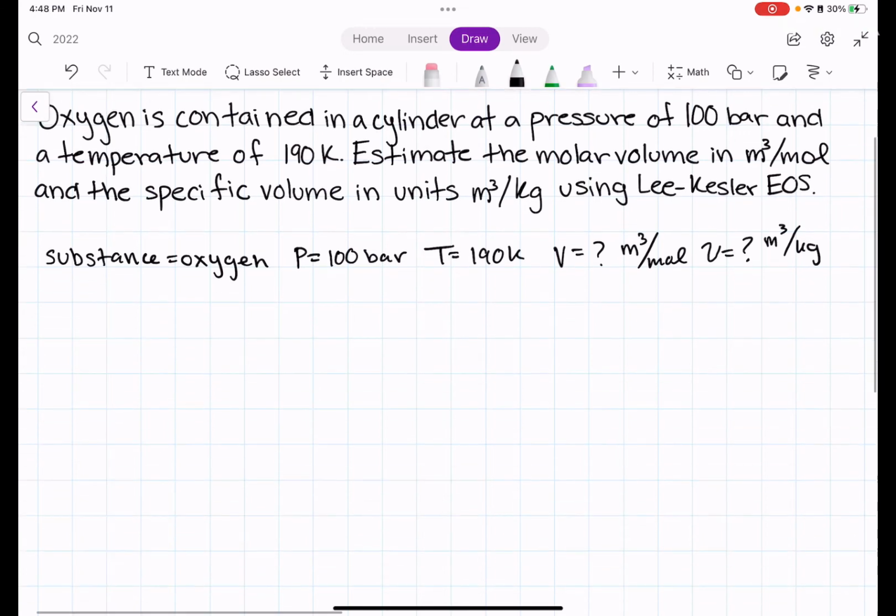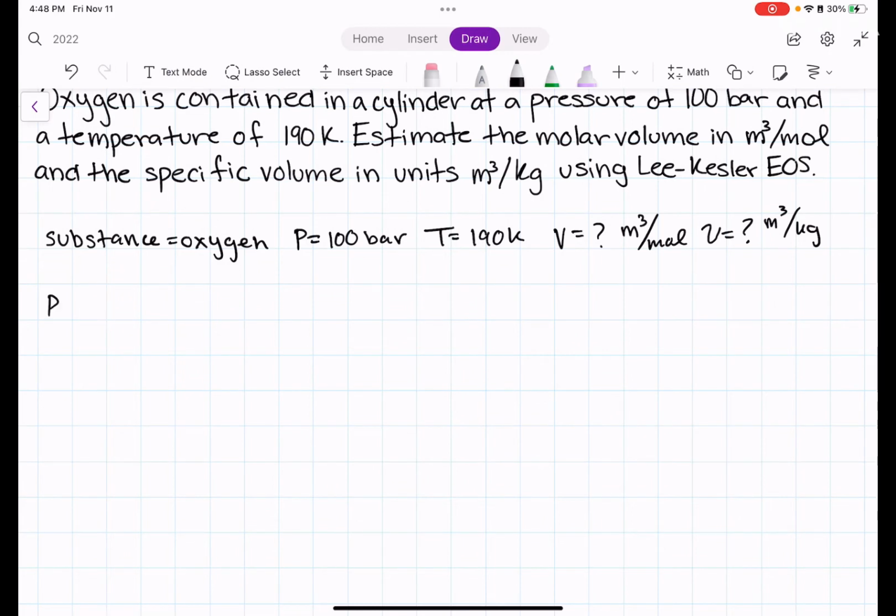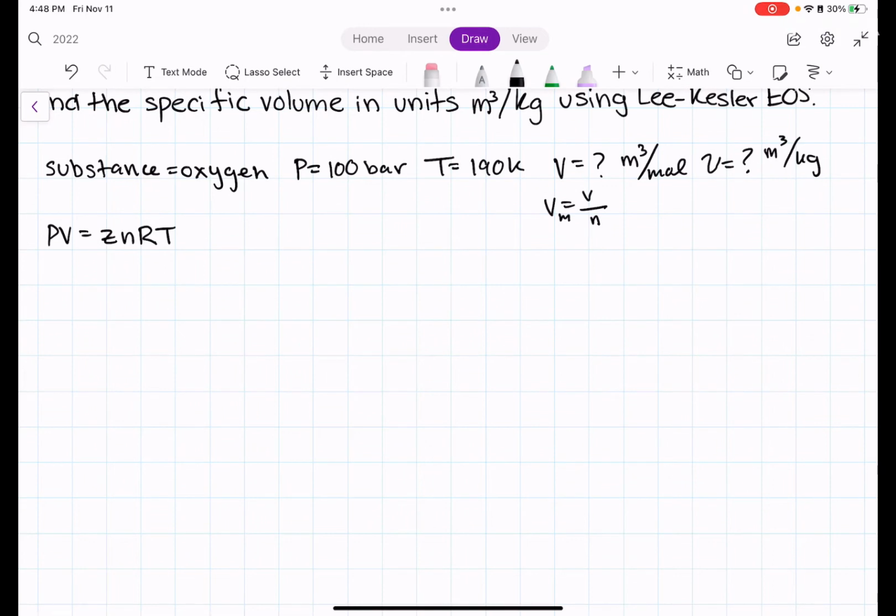And the Lee-Kesler Equation of State is PV equals ZnRT. We're looking for molar volume. Molar volume is the same thing as saying volume over moles. So in order to solve for that, I'm just going to divide by moles on both sides. So it'll be P times molar volume equals ZRT.